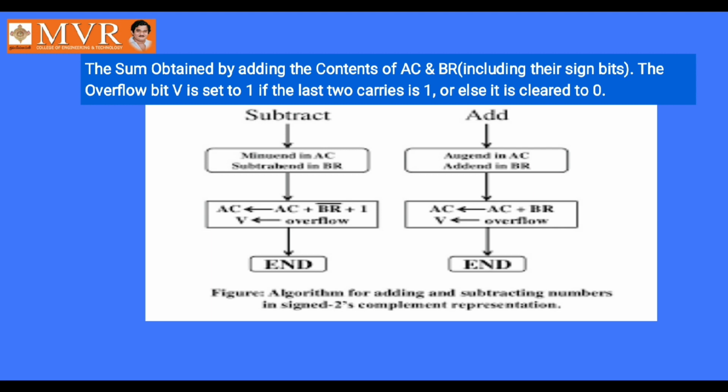The fourth digit you are getting is an overflow. That overflow bit is stored in the register V. Here V is a single-bit flip-flop. I don't know whether you are much aware of the flip-flop or not. In your digital logic design, you might have discussed flip-flop registers. A flip-flop is a 1-bit register. So the overflow is also 1 extra bit, and that will be stored in that flip-flop called V in this example.